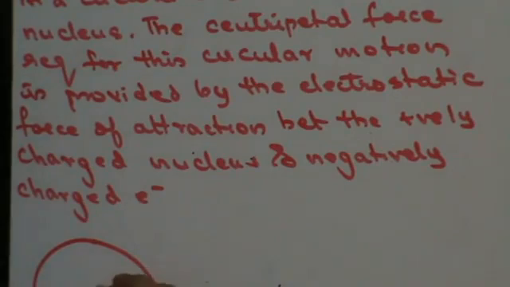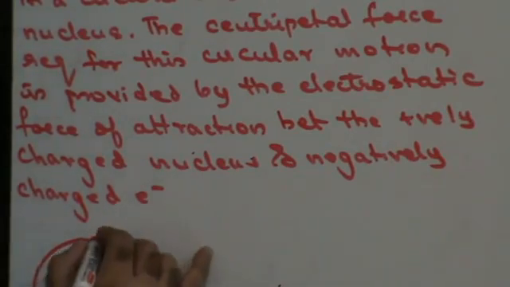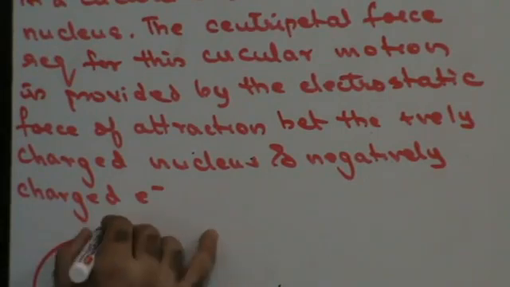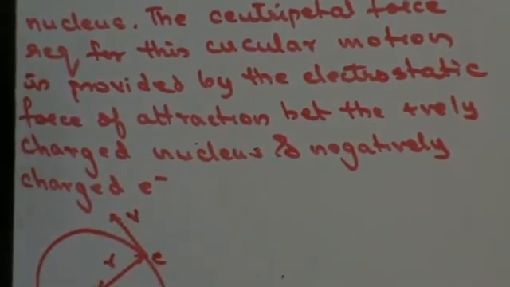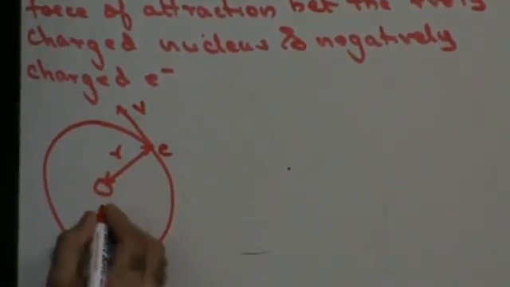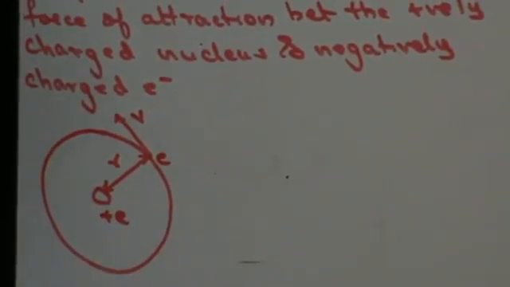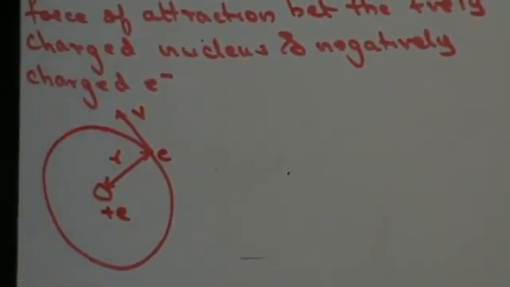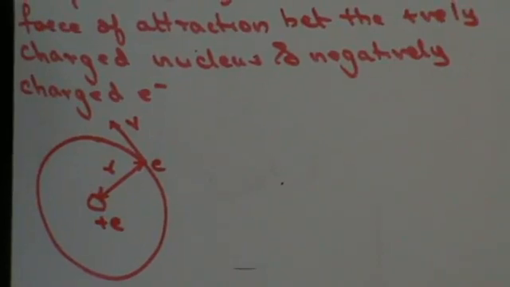Let's assume that the radius of the orbit is r. And you have an electron revolving here with a linear velocity of v, and a positively charged proton at the center. Now if r is the radius of the orbit, then the electrostatic force of attraction can be calculated by using Coulomb's law.